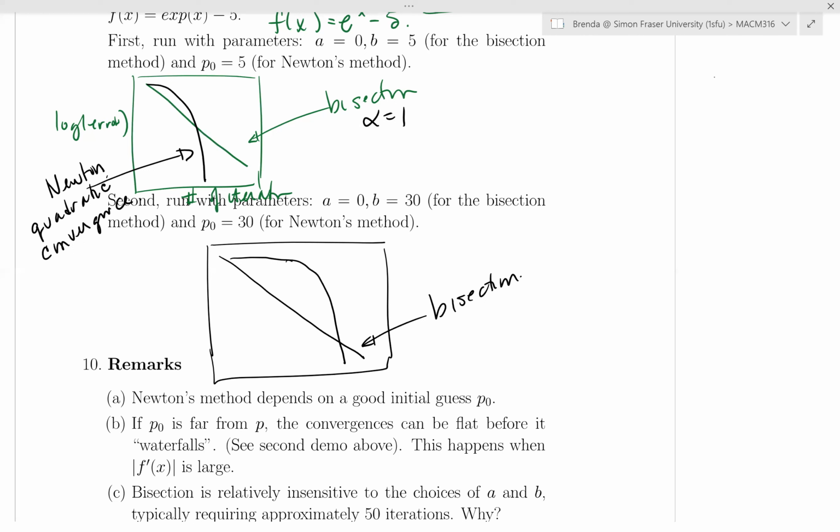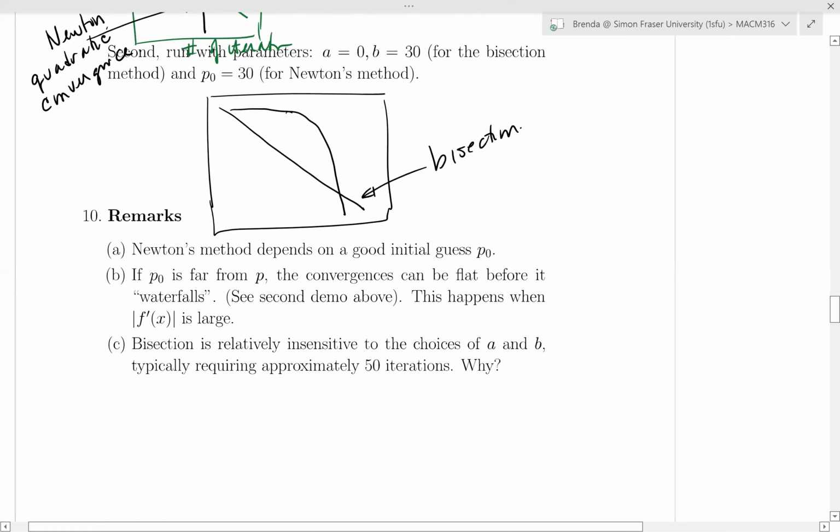So this is why you'll see in the MATLAB documentation saying, maybe use bisection until we squish down the interval a little bit and we're close, and then we can switch over to Newton's method. So Newton's method does depend on a good initial guess, sometimes obtained by bisection. If you're far away, you get very slow convergence, and then it waterfalls.